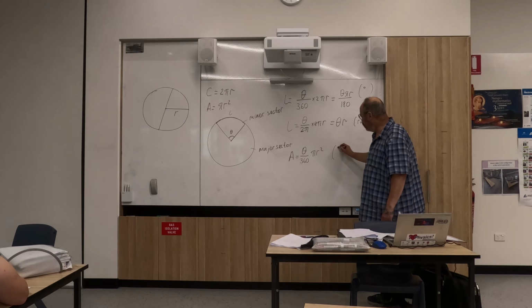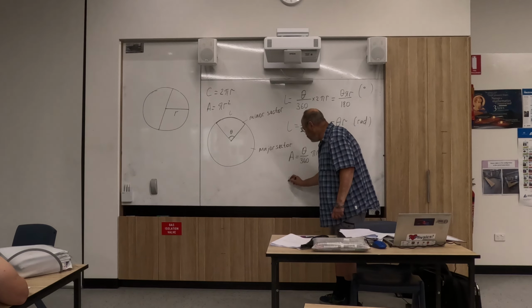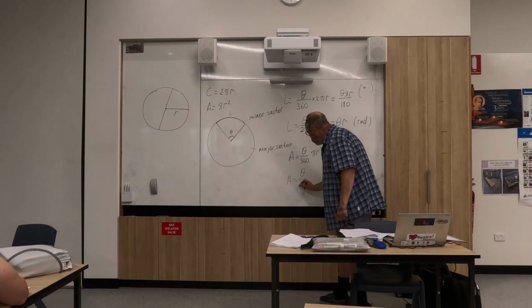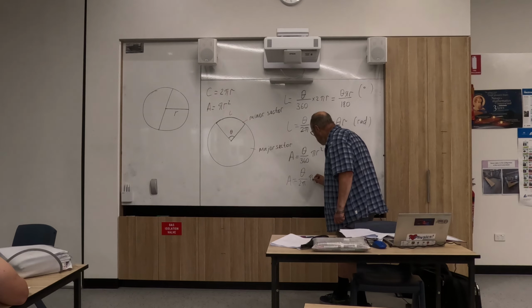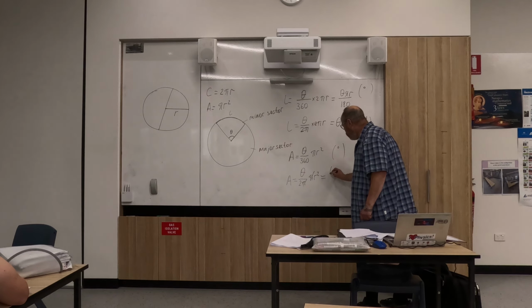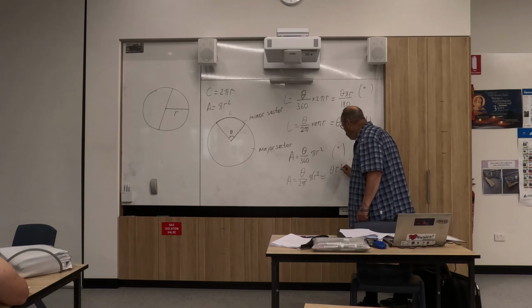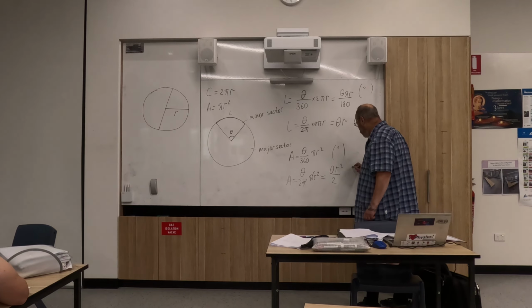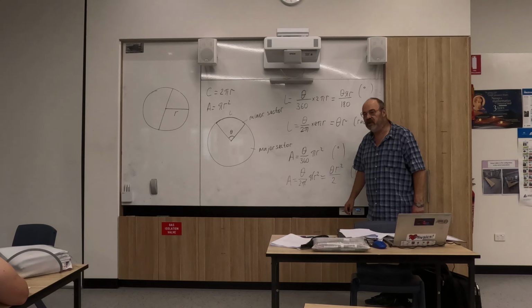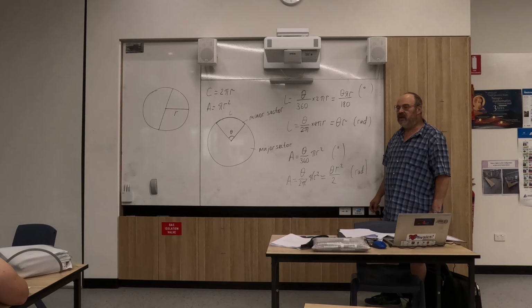That is in degrees, and in radians, the area will be equal to theta over 2 pi times pi r squared. Pi cancels out, and we get theta r squared over 2. That is the area of the sector in radians.